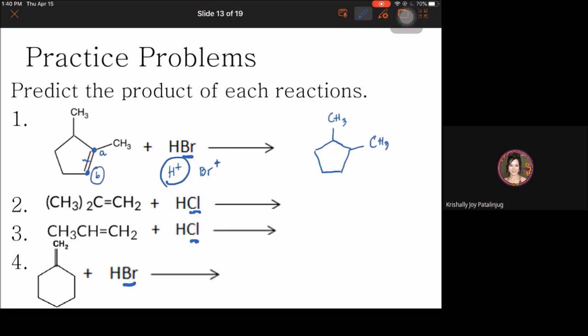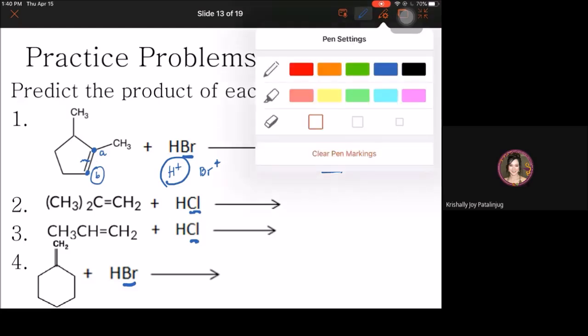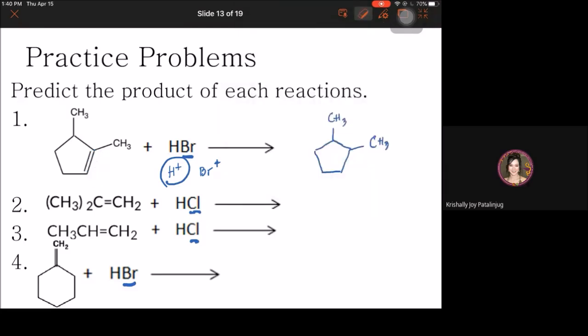Obviously, after breaking the pi bond, this carbon here actually has no hydrogen. If you compare, this carbon, carbon letter A earlier, has no hydrogen, because this carbon already has complete 4 bonds.